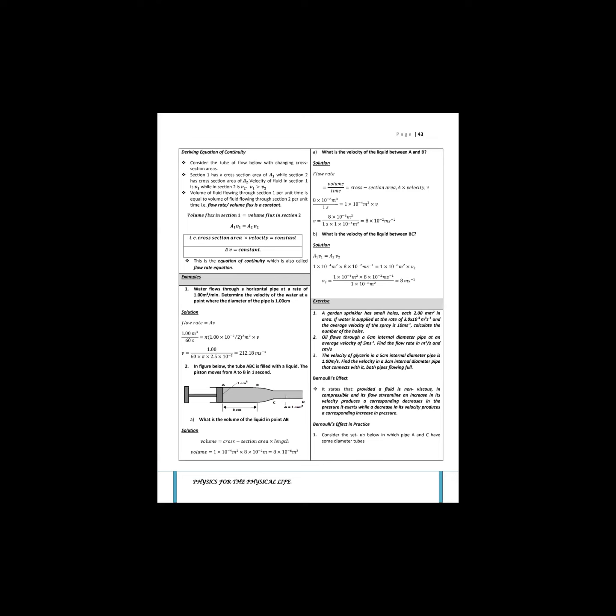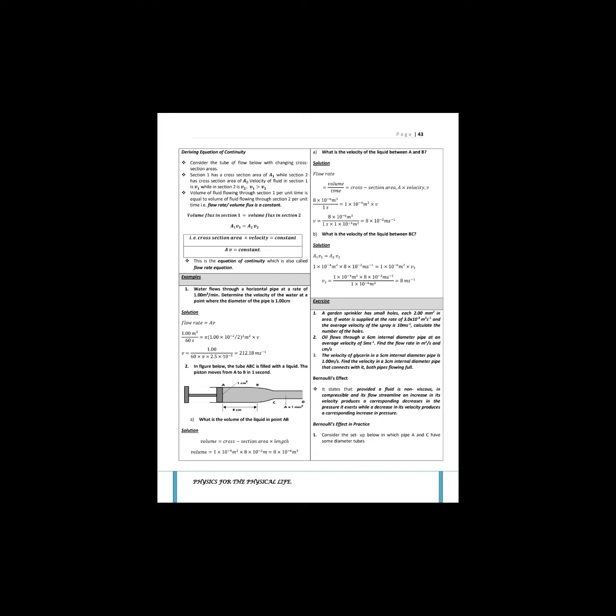Now, while we were defining the flow rate, we said that the flow rate or the volume flux is the volume of a liquid passing a given section, meaning the numerator will have the volume, and the unit of volume is cubic meters, and the SI unit for time is seconds. So we will not use the flow rate as 1 cubic meter per minute.